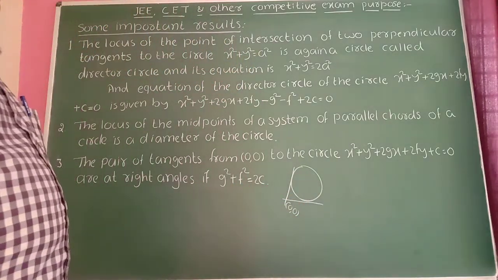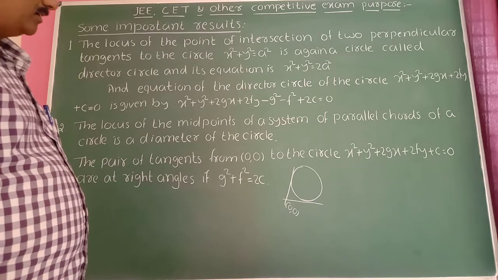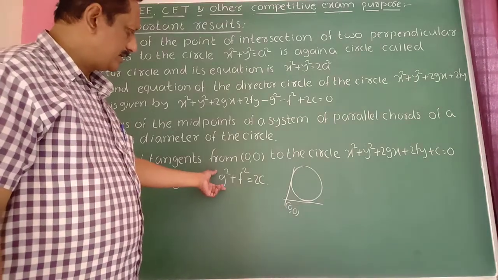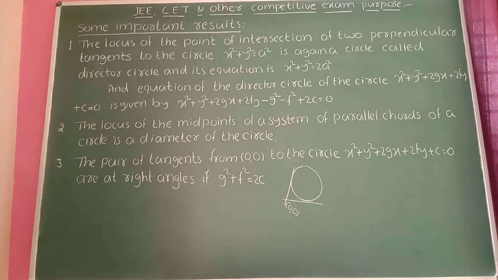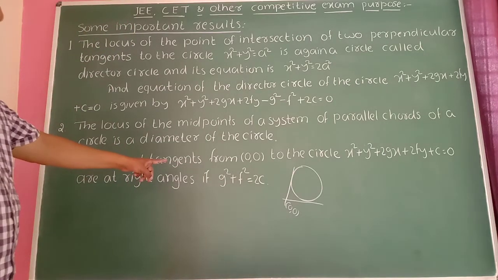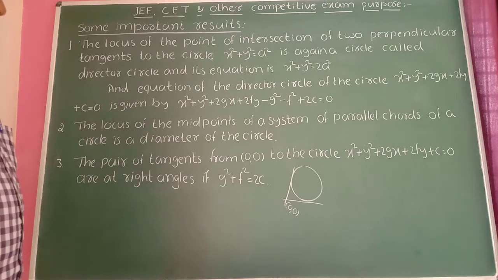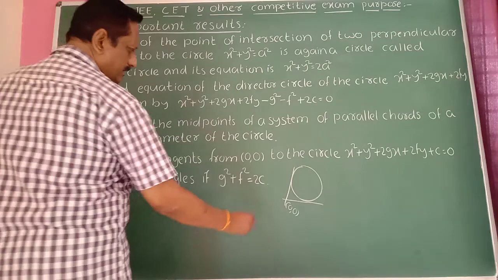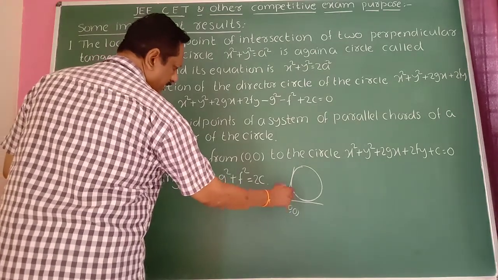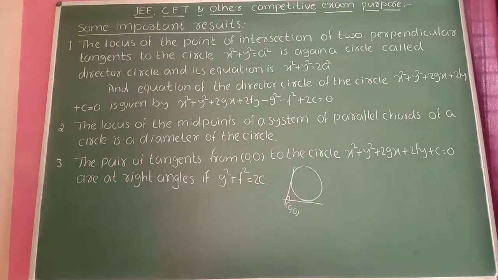So both tangents pass through origin. If this condition is satisfied, g square plus f square is equal to 2c, then the pair of tangents from origin to the circle are at right angles. Here this angle is 90 degrees if g square plus f square is equal to 2c.